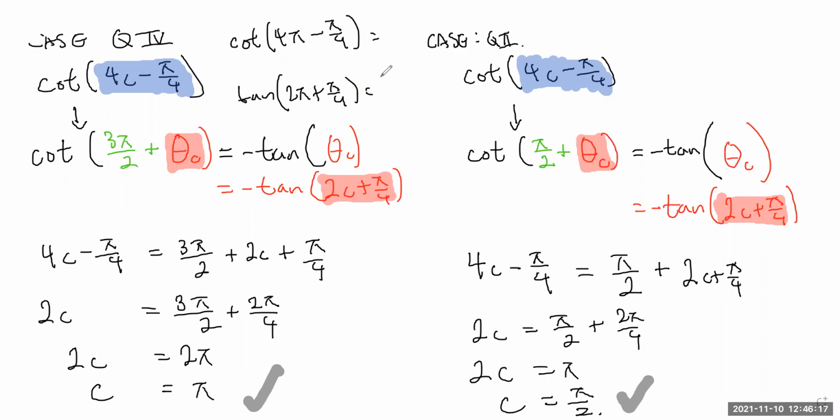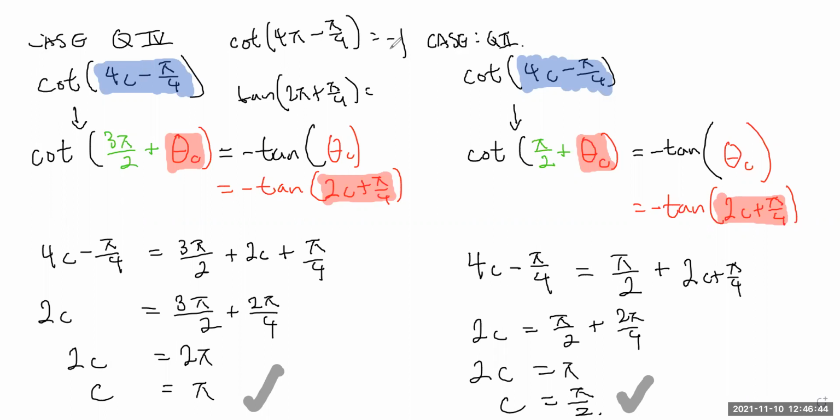See, 4 pi minus pi over 4, and that is in radians, please. Tangent of that angle, 1 divided by tangent, is a -1. What do you know? And I just did that, so I'm pretty sure it's the same. 2 pi plus pi divided by 4.